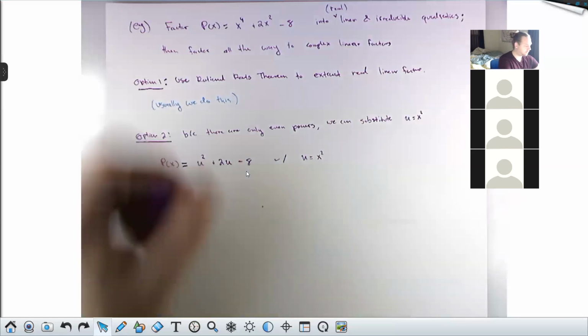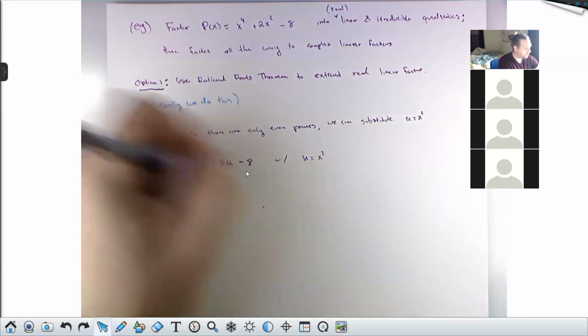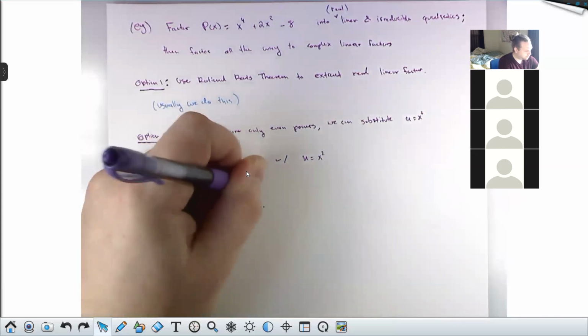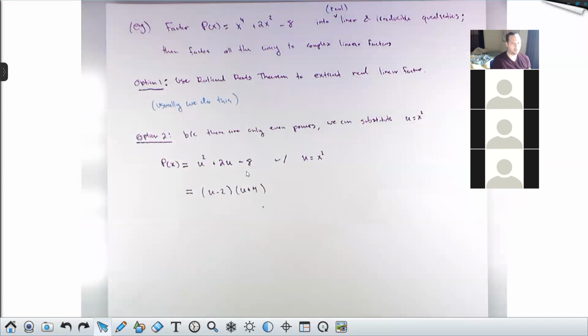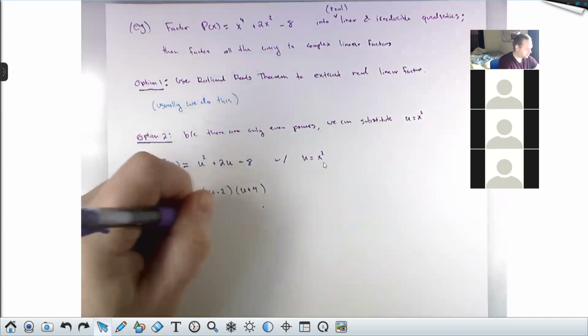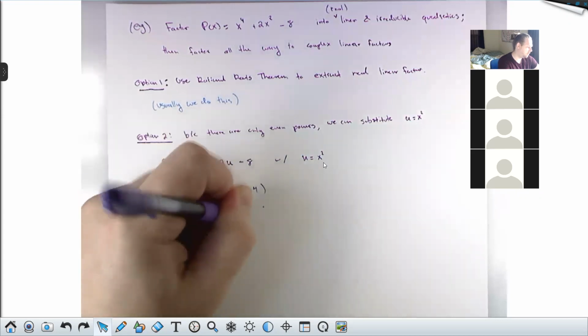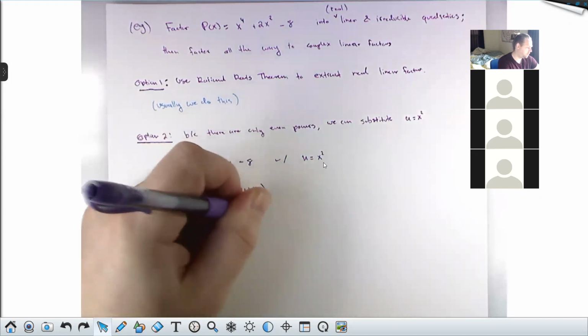Very good. So those two numbers are -2 and +4. So this can be written as u minus 2 times u plus 4. And once we've gotten through that step, now I'll just plug back in x squared. So this is x squared minus 2 times x squared plus 4.